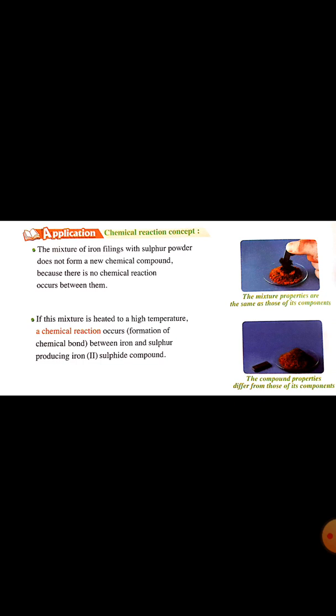But the previous mixture, by heating, produces a new product, iron disulfide. So here we have got what? New bonds, new products. So after heating, it's a chemical reaction. Without heating, it's just a mixture. So there's a difference between a chemical reaction and a mixture.